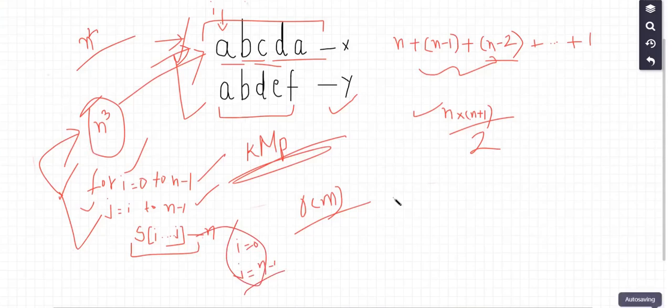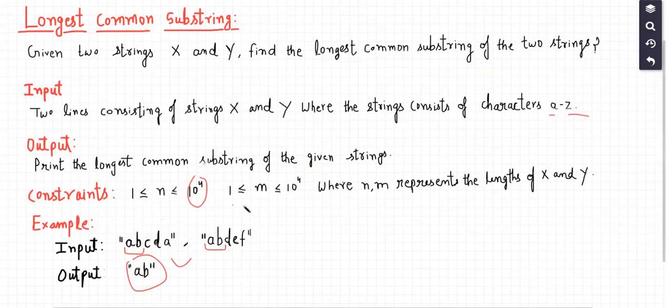So the overall time complexity for this method is n cube, which is used for generating substrings, and for each substring we check using KMP. So the time complexity is n cube into m, which is a bad time complexity and will not work for these constraints.